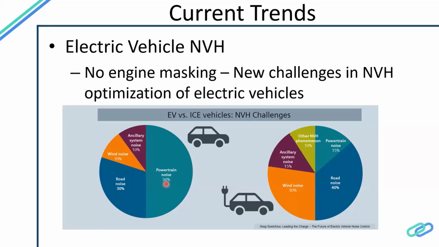An important thing to notice is that powertrain noise reduced from 50% to 15%. However, it's still very important to consider this in electric vehicles, because whatever noise the electric motors generate is due to high tonalities, even though the amplitudes are very low. Because of the tonalities, it's very irritating to the passengers or drivers. So a lot of research is going on in electric motor NVH.